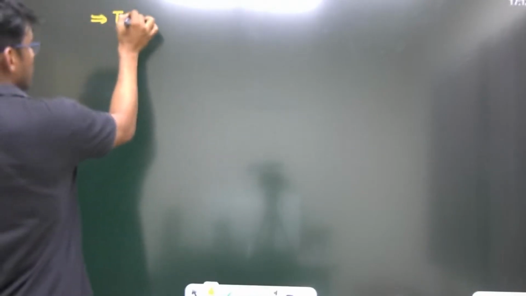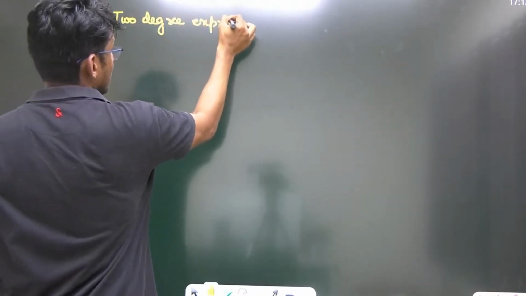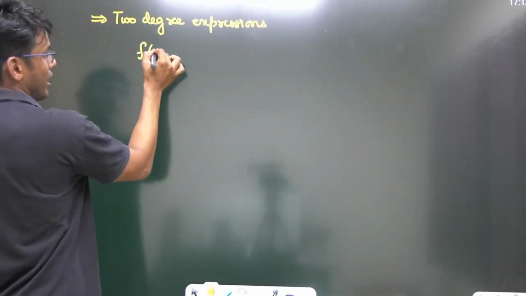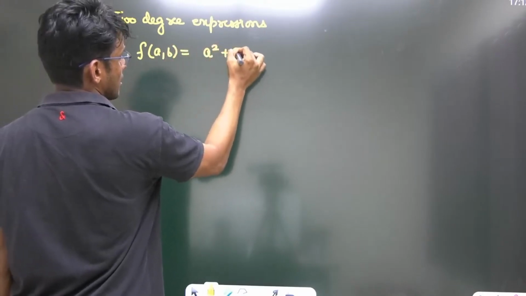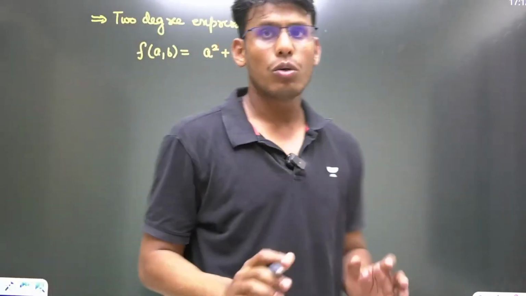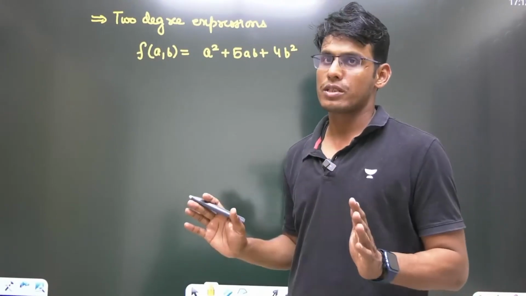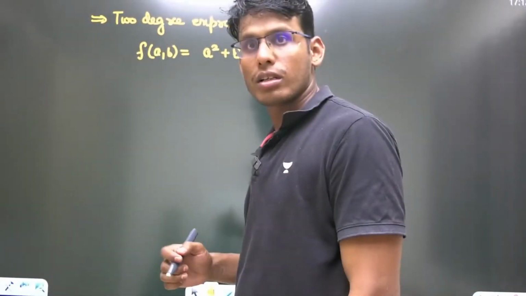So let's take 2-degree expressions. F of a comma b, one example, a square plus 5ab plus 4b square. Now, there is a trick to master homogeneous expressions. There is a substitution which you need to do.